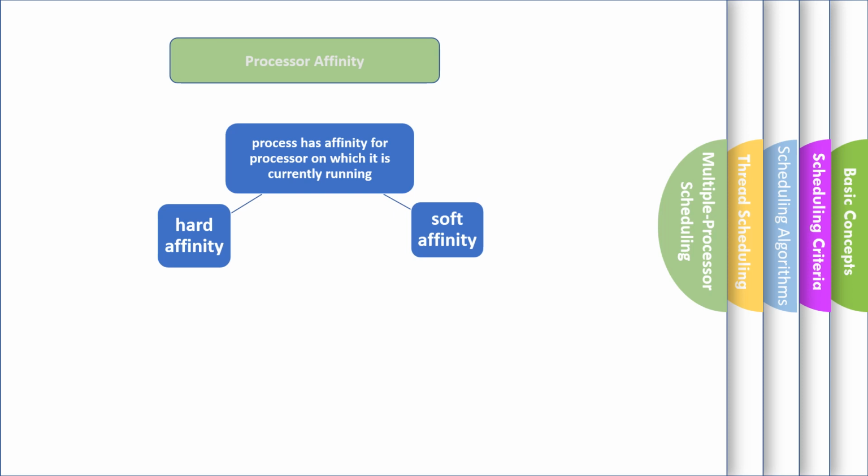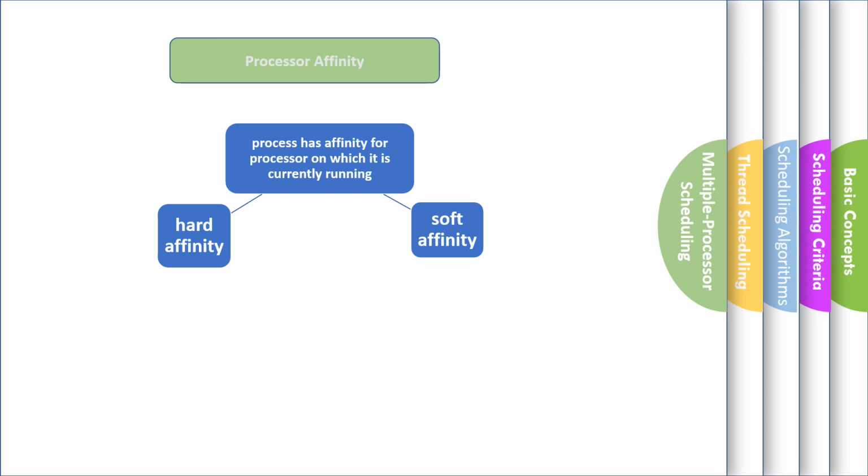When it goes for an IO and comes back for execution, it may want to go to processor 1 only, not to processor 2. That is processor affinity. This processor affinity can be a soft affinity or a hard affinity. Soft affinity means it will wait to see if it can get processor 1. If it cannot get processor 1, then it goes to processor 2.